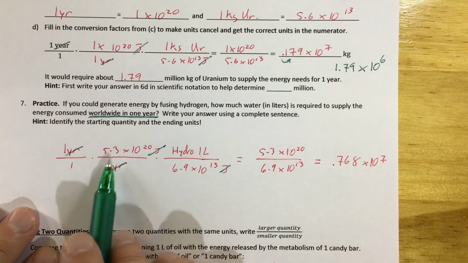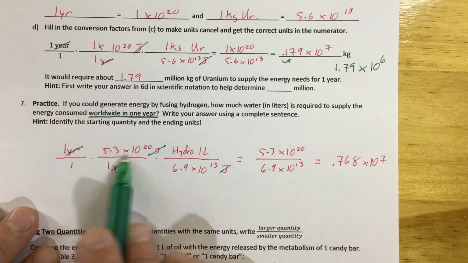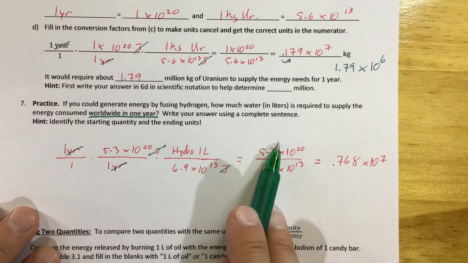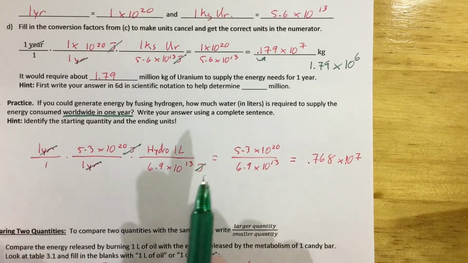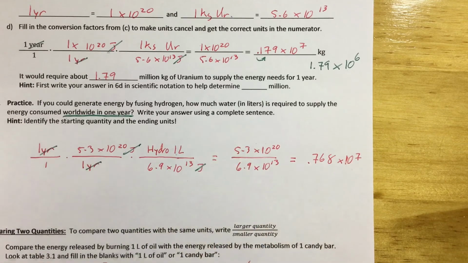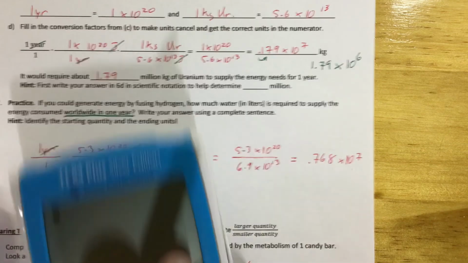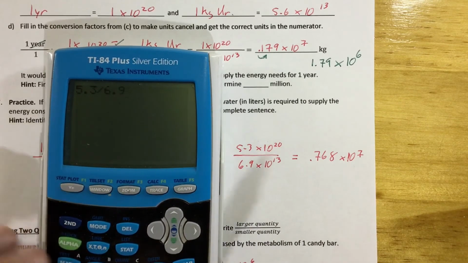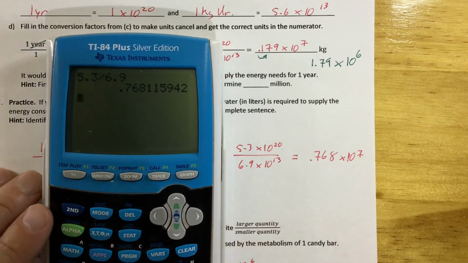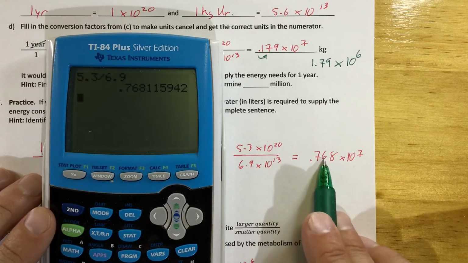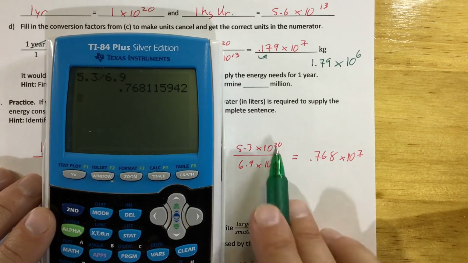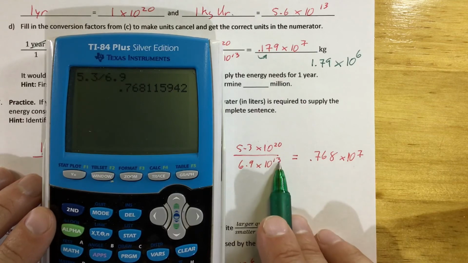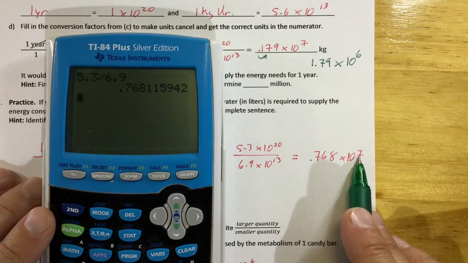We'll take what we actually have on the top, which is this number, and what we have on the bottom, and we're going to divide those two. Doing it in parts, I will divide the 5.3 by 6.9, which is going to give us 0.768 right there, and then subtracting these exponents, you're going to get 10 to the 7th power.